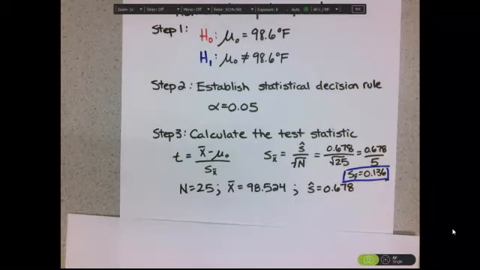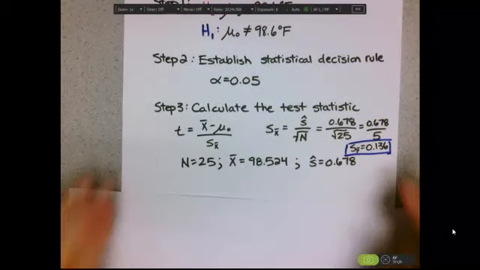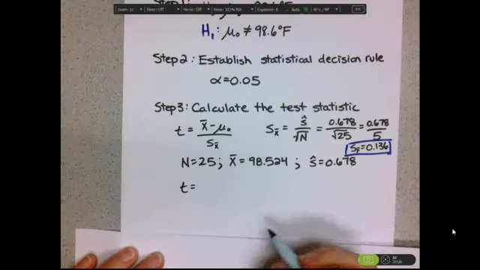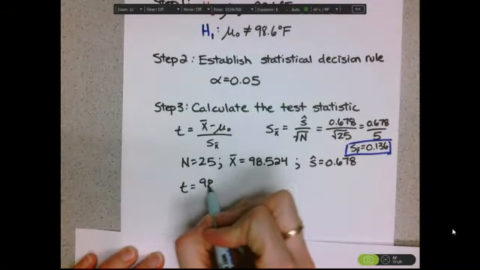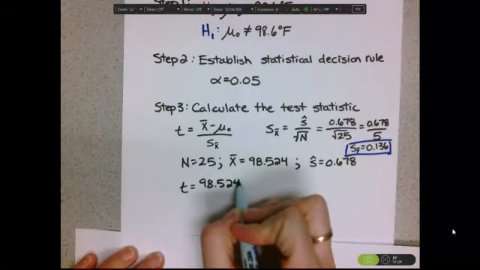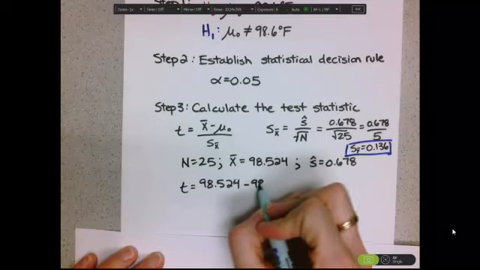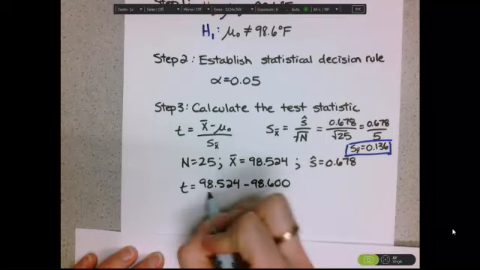Now, for our t-value, we need the mean from our sample, which is 98.524, minus the value for mu from our null hypothesis, which is 98.600.